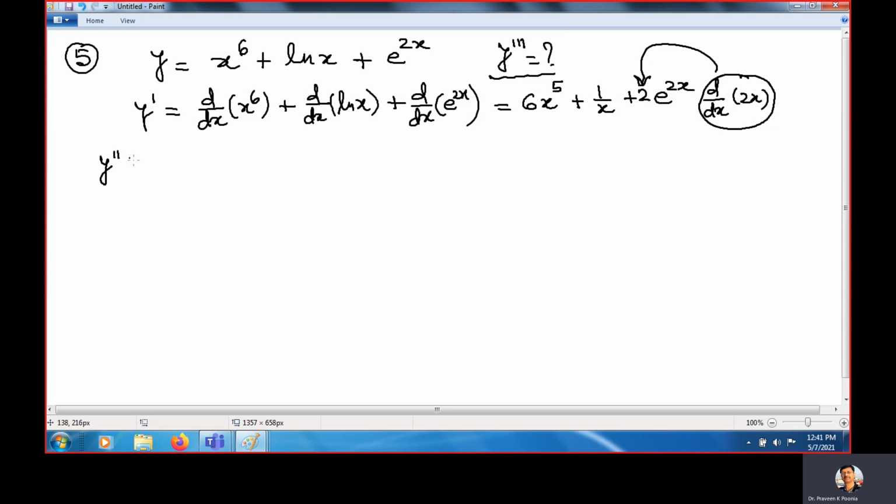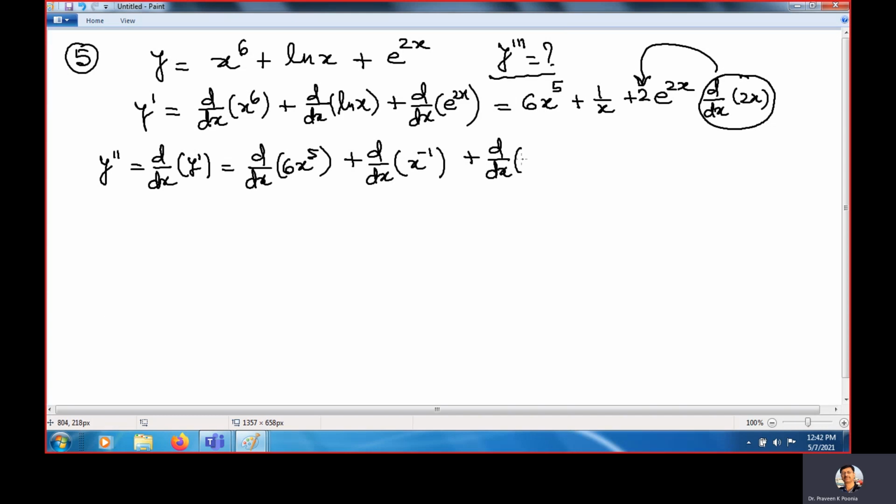Now, if you want to calculate y double dash, the second derivative, you need to differentiate the first derivative. So the derivative of the first term 6x power 5, plus the derivative of the second term, which you can write as x power minus 1, and the derivative of the third term, 2e power 2x.